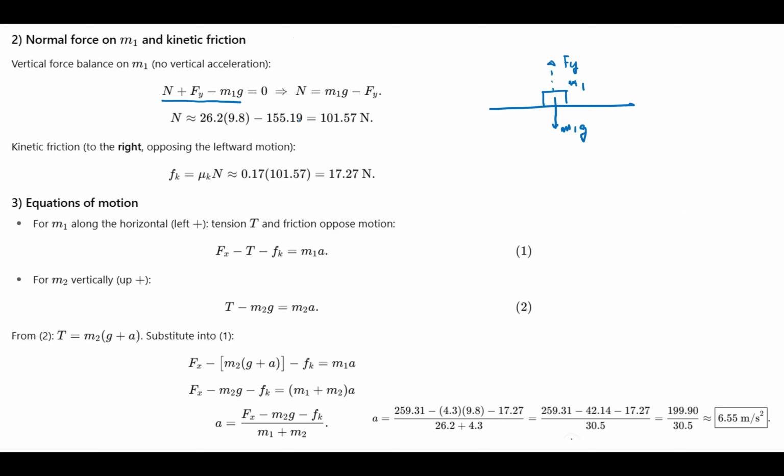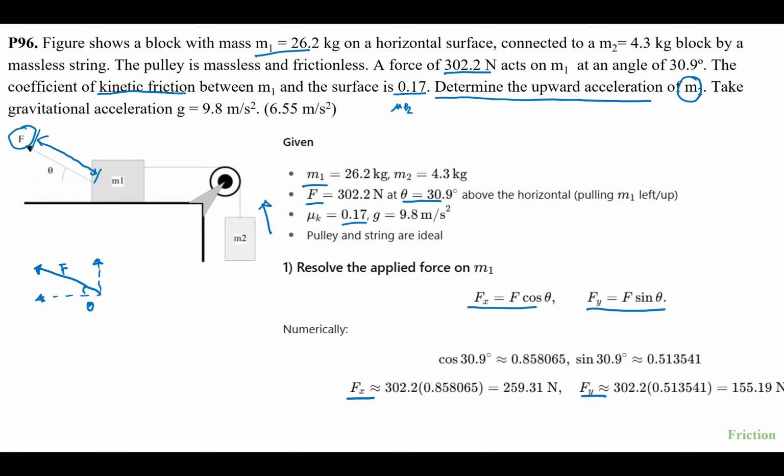And then we should think about the normal force. A particle balance on M1: M1 does not move up and down, such that we have a gravitational force and then the normal force. Normal force. So let's try to think about Fy.